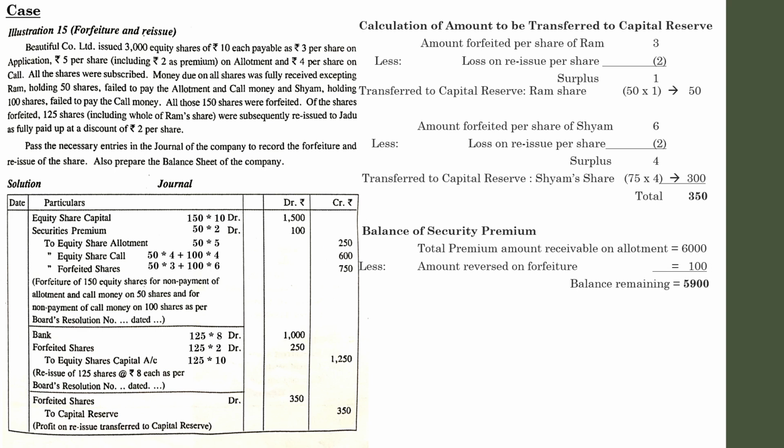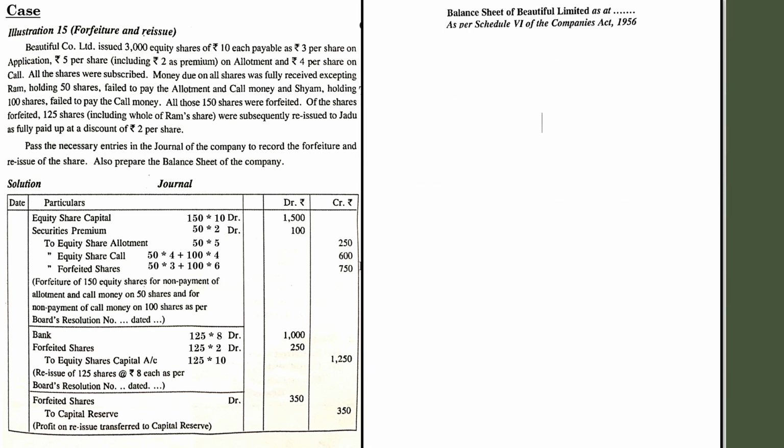And now we have already made the necessary journal entries, working notes and computation. Now we can go for the preparation of the balance sheet. The balance sheet format is: Balance Sheet of whatever the name of the concern given in the question, mention it, as on, as per Schedule 6 of the Companies Act 1956.